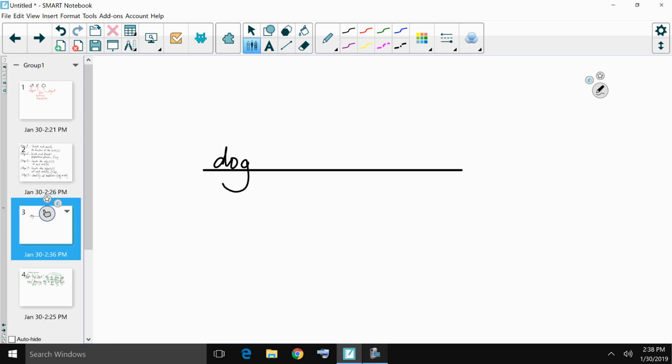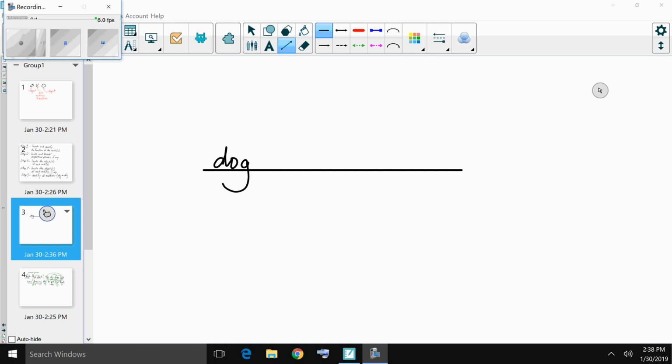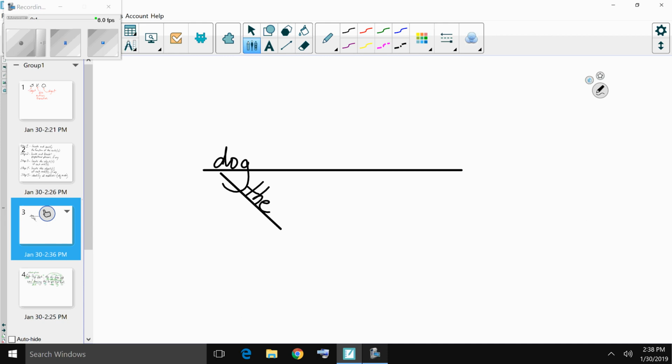Always. Okay? So, underneath the word dog, we're going to put the modifiers. Okay, so diagonal line. And on that diagonal line, you're going to write the modifiers. The.